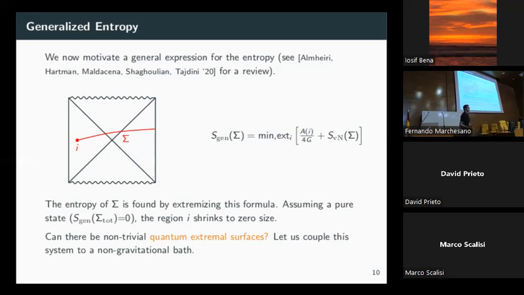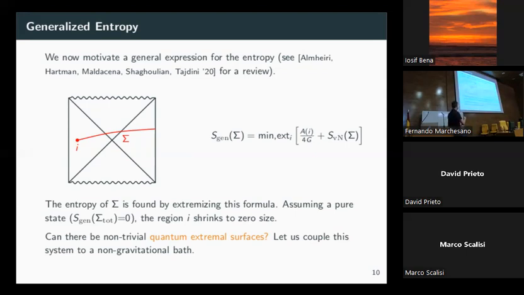In order to find the precise location of I, you should extremize this formula. Let's say that you're working in Kruskal coordinates, you take plus and minus derivatives and find the location where this vanishes. If you find a particular extremum, we call that a quantum extremal surface, and that gives the correct contribution. There could be multiple quantum extremal surfaces, and the prescription tells you that you should take the one that gives the lowest entropy.